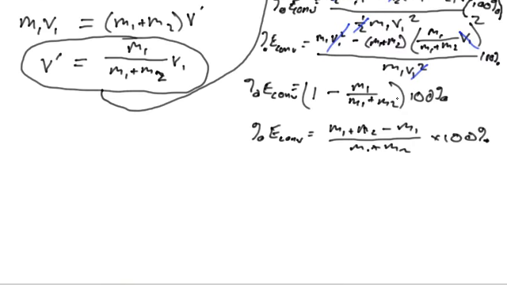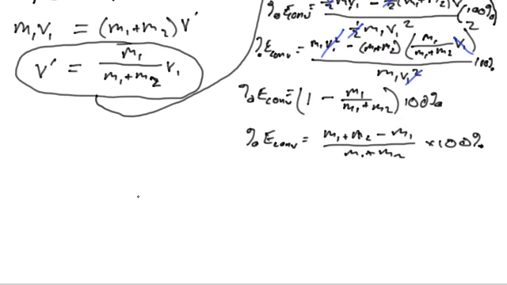And m1 minus m1 is 0. So this is equal to just m2 over m1 plus m2, and then times 100%.